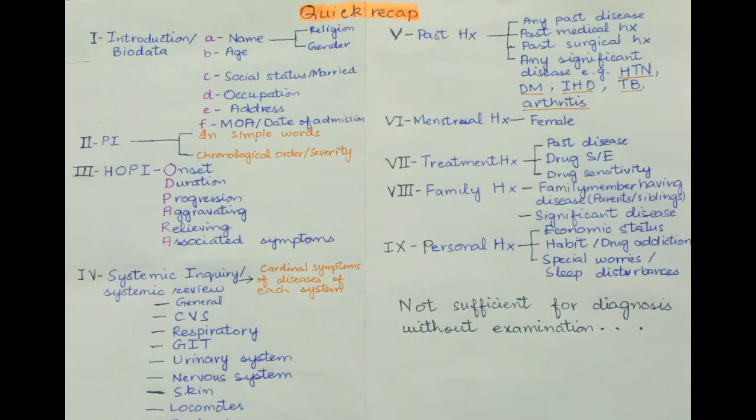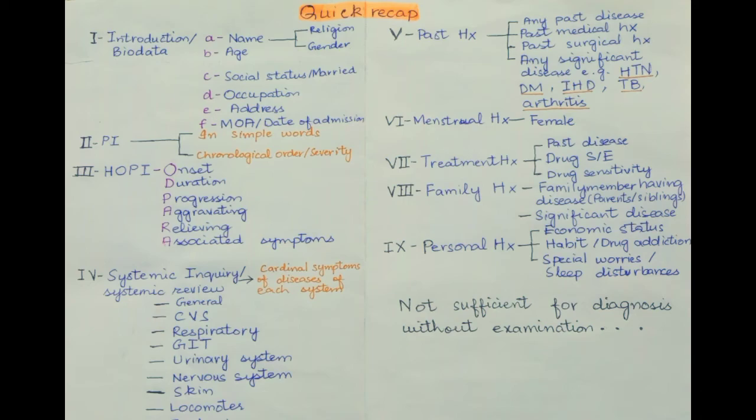We'll ask about the onset, duration, progression, aggravating, relieving, and associated symptoms. Then we'll go to the systemic inquiry, asking about the cardinal symptoms of diseases of each system. We'll ask about the general features, CVS, respiratory, GIT, urinary system, nervous system, skin, locomotor, and endocrine.